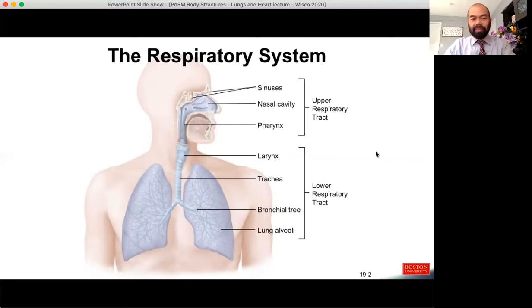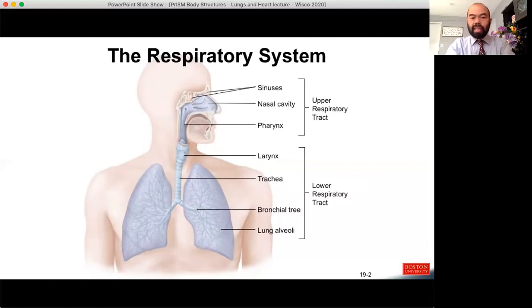pharynx and the trachea. So air travels into the upper respiratory tract, typically via the nasal cavity, through the nares of the nose, and then through the nasal cavity where it is exposed to the warm respiratory epithelium located in that region. That respiratory epithelium does a number of things that you'll learn in histology.